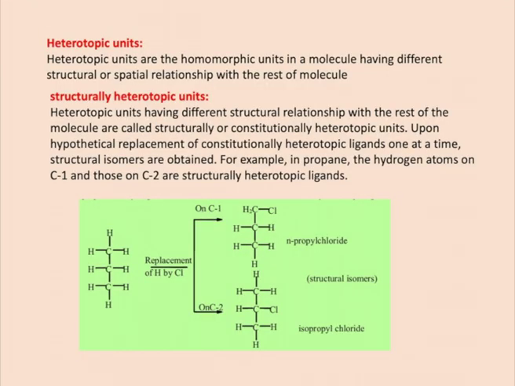Structurally heterotopic units means that substitution of an atom or group with a third group or atom results in the formation of a constitutional or structural isomer. We know that structural isomers are of different types, like positional isomers, functional group isomers, metamers and tautomers.